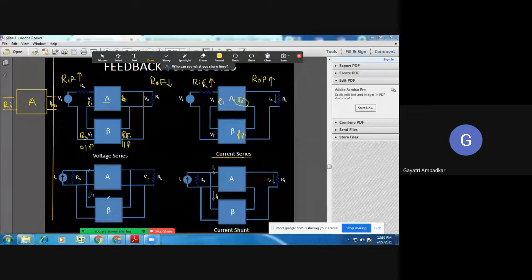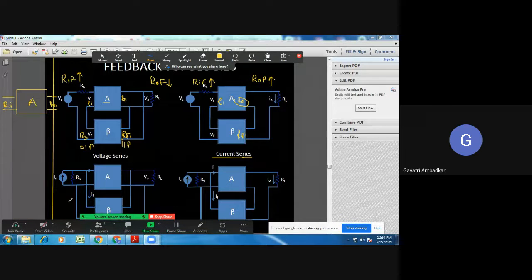Here, come to this. Tell me here, what will happen? Which configuration is this? Where my cursor is present. Which configuration is this? Voltage shunt feedback. Very good. It's a voltage shunt. Look at the output side first. How it is connected in parallel, it means voltage is sampled.